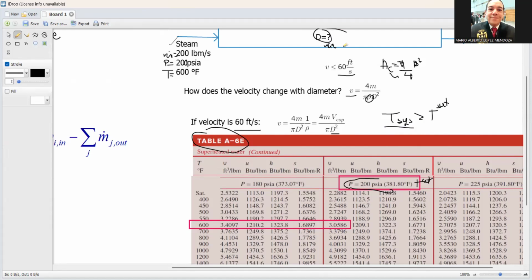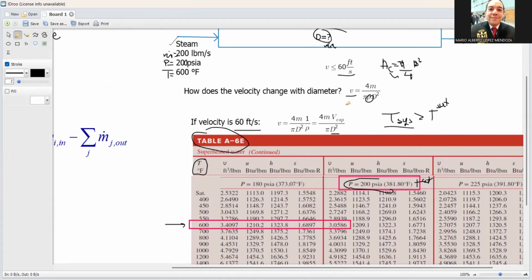steam. So in the first column, on the left side, we can read the temperature in Fahrenheit degrees. I'm absolutely sure that you have done this a lot of times before. So we have a temperature of 600 Fahrenheit degrees, and in this case, we don't have directly the value of the density.